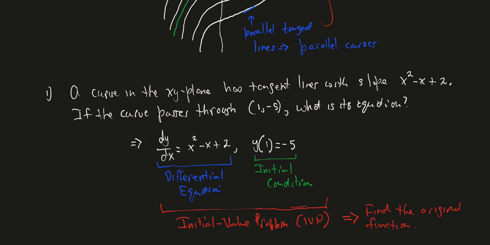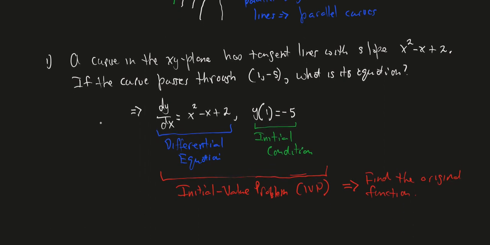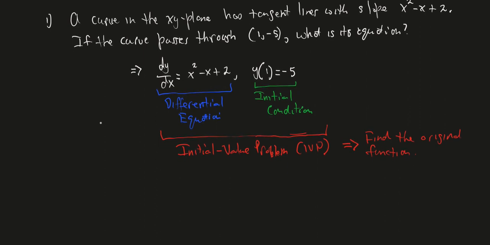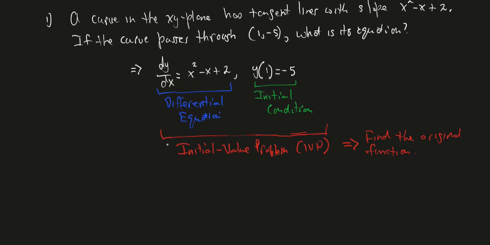All right, so that's just some terminology. Now let's get into the actual solving. If we have the derivative and we want to go back to the original function, we have to find the antiderivative. Essentially, this is like our little f of x, but what we need to do is find the big F of x.